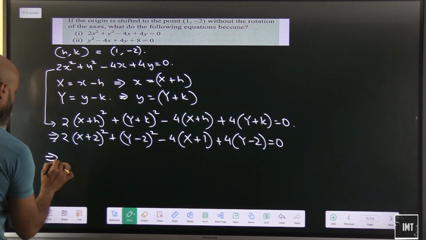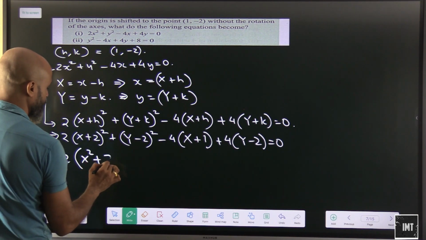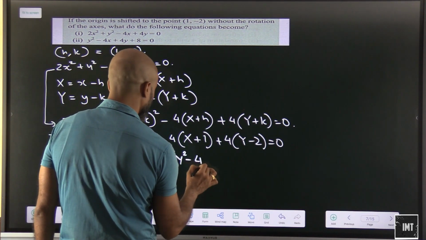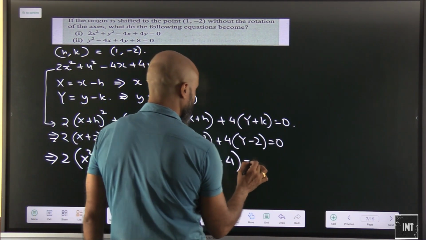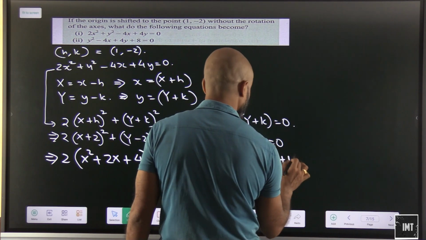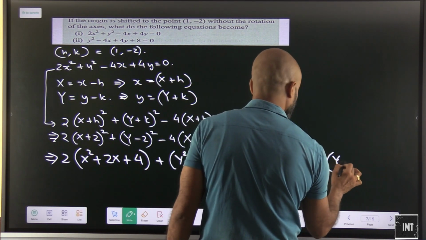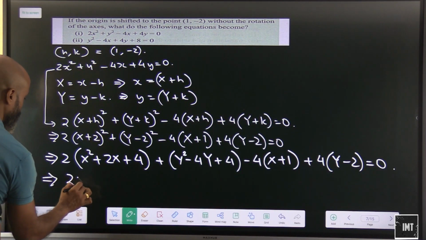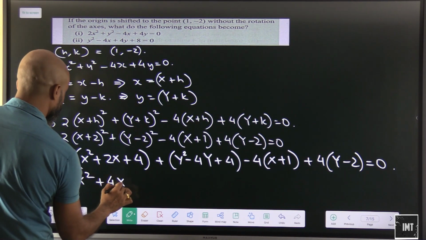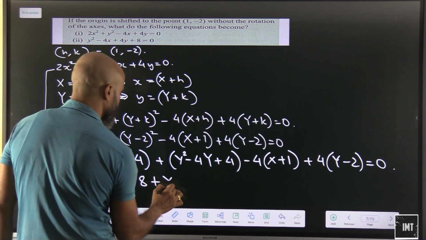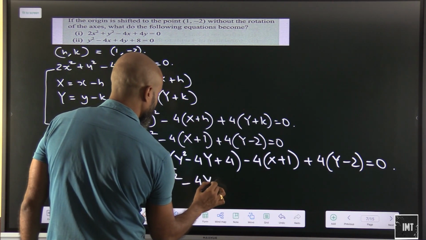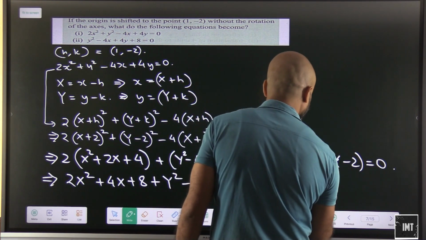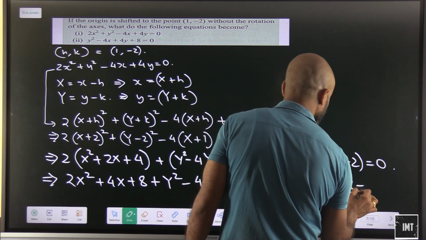So we'll expand: 2X square plus 4X plus 2 plus Y square minus 4Y plus 4 minus 4X minus 4 plus 4Y minus 8 is equal to 0.